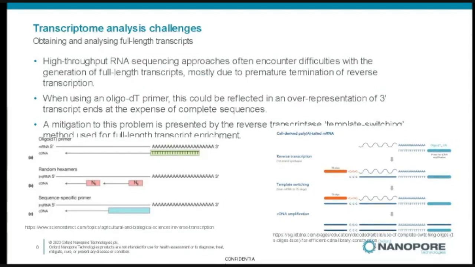So we can create a 5' end for the newly synthesized cDNA. Now we have the cDNA being synthesized with a 3' end as well as a 5' end with the template switching oligo. This will be able to give a more equal amount of sequencing of the 3' end as well as the 5' end.